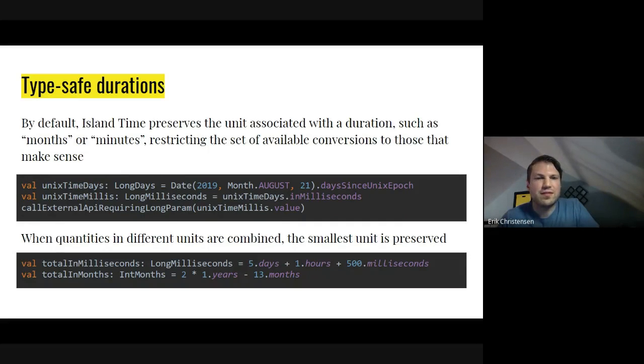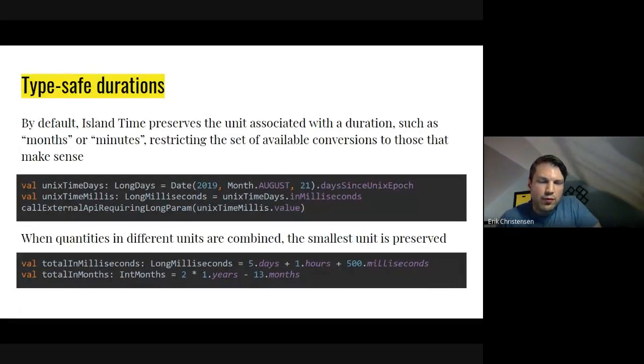Then I can take the value of it and call some external API that expects the value. It can all be done in a type-safe manner. Any of the conversions that you'd be able to do from days would only be conversions that actually make sense for a days type, for example.